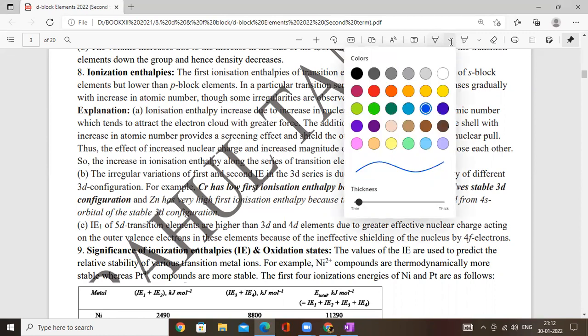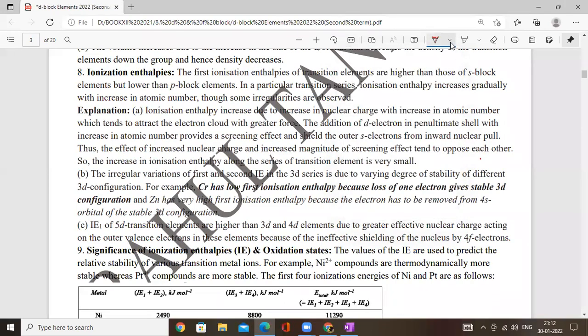What I mean to tell you is that if this is the nucleus, this is your penultimate shell, that is 3D, and then 4s. This is 4s and this is 3D.